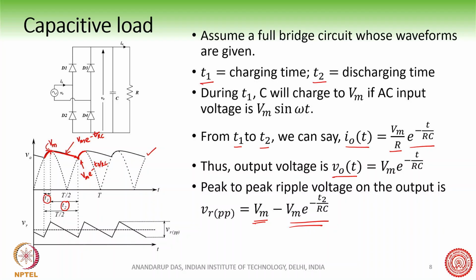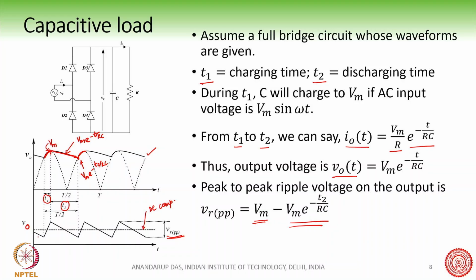Here we have also shown the VR peak to peak ripple. This is the V0 output voltage, which has this VR peak to peak, and there is a DC component here. So there is a DC component and a ripple component.